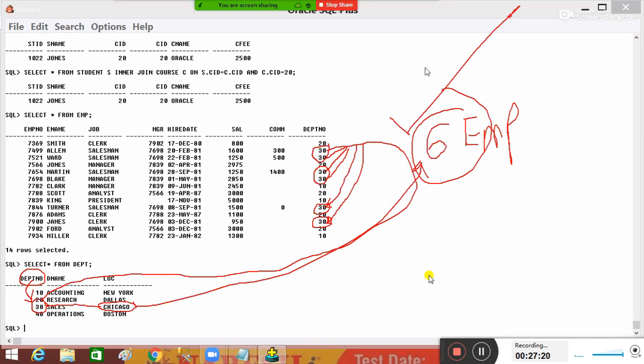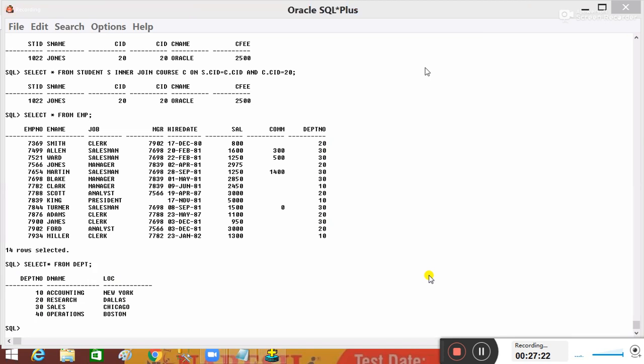The total number of employees working in Chicago is six employees. It's simple. Understanding or not? Just by normally checking the two tables, your answer is correct: six employees are working in the Chicago location.